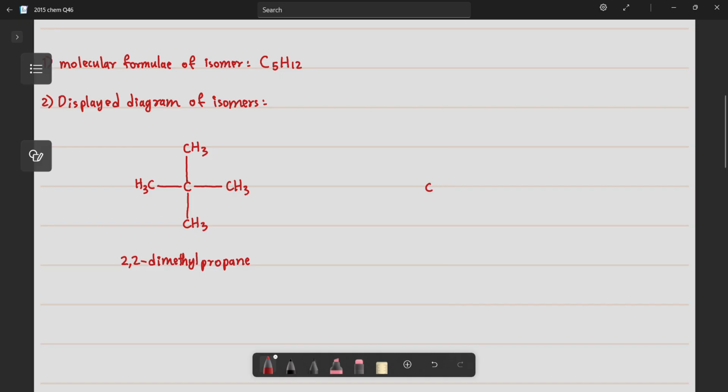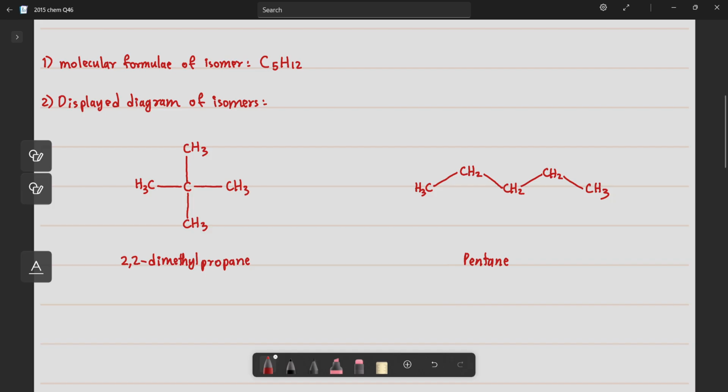So this is the displayed diagram. And so the structure is pentane. So now we've drawn the displayed diagram of these two isomers.